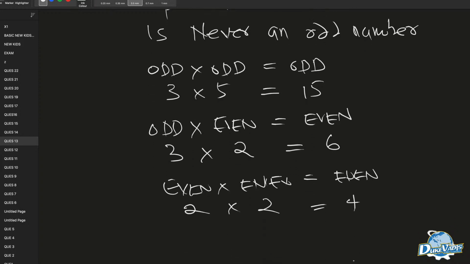So let's consider it this way. If n squared minus n, we know that we can write it as n times (n minus 1).